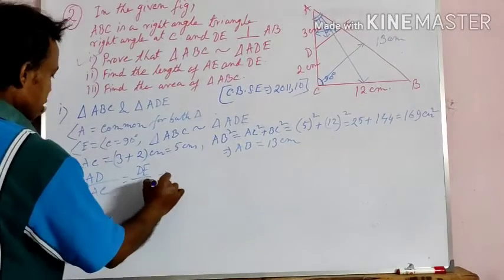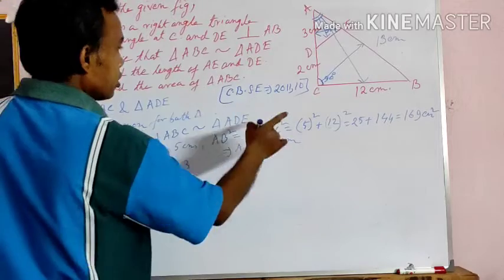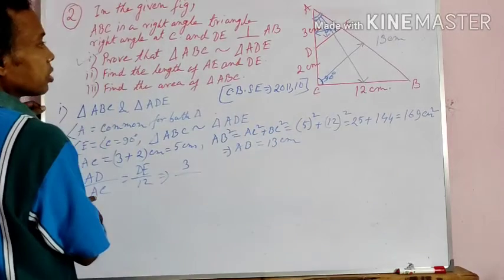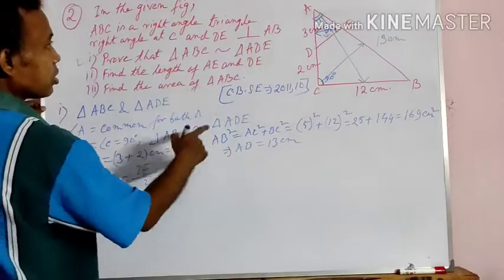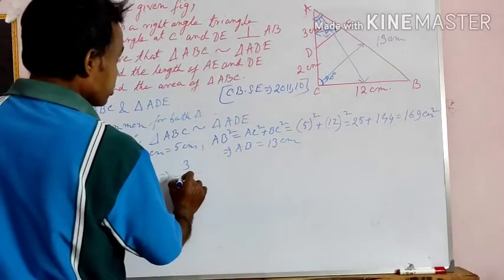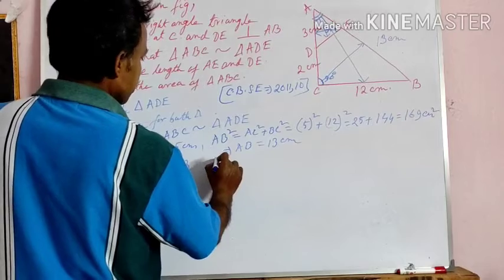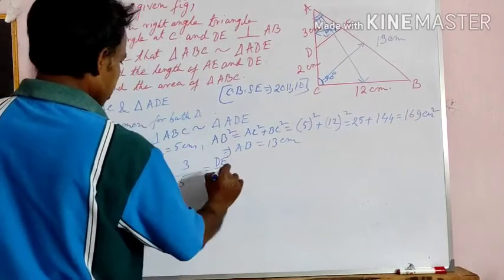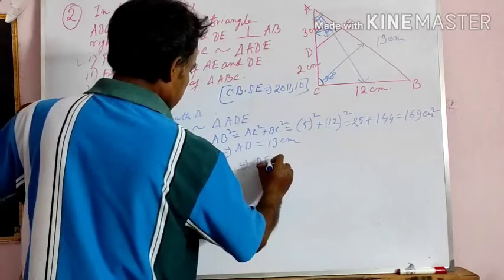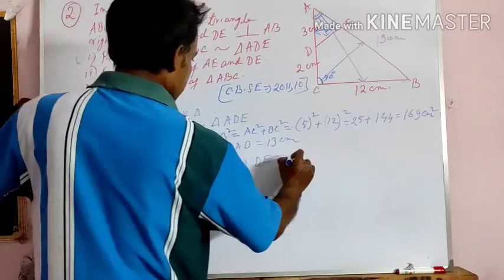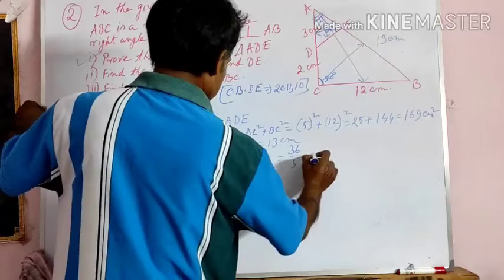So AD is equal to 3, AC is equal to 5 centimeter, and we have to find DE. This is 12, so DE is equal to 36 by 5 centimeter.